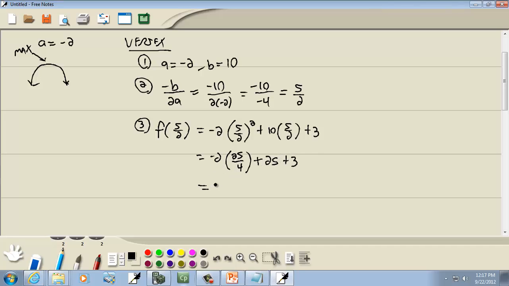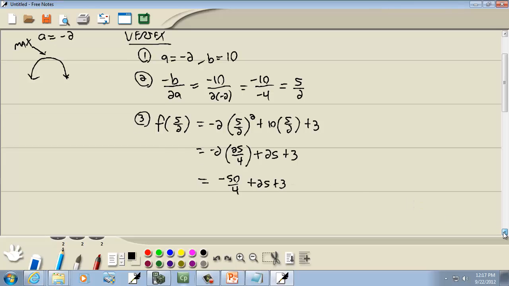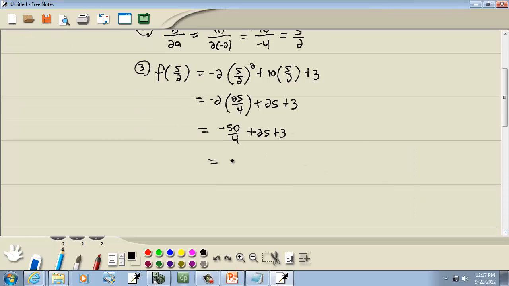These reduce. Negative 50 over 4 plus 25 plus 3, which is negative 25 halves plus 28. I'll get a common denominator of 2, and this would become 56.